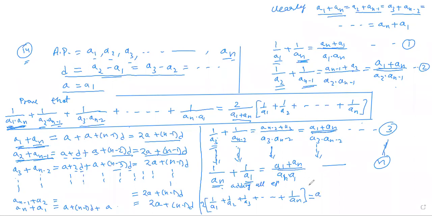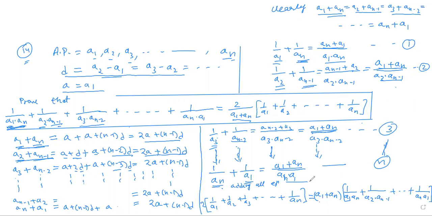So on the right hand side, if we take a1 plus an common from all of them, inside the bracket we are getting the first term as 1 upon a1 an, the second term as 1 upon a2 into an minus 1, and so on up to the last term 1 upon an into a1.